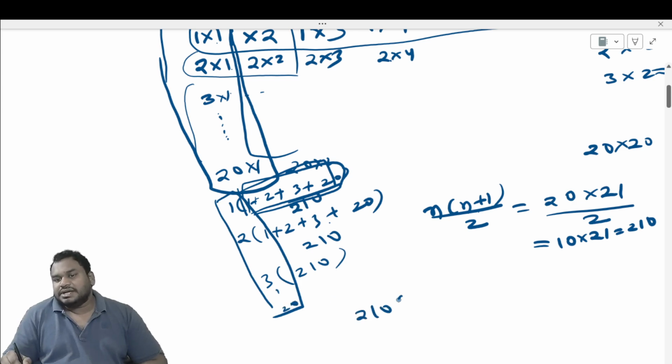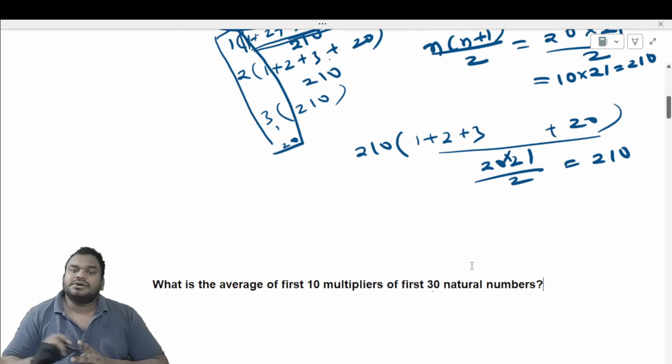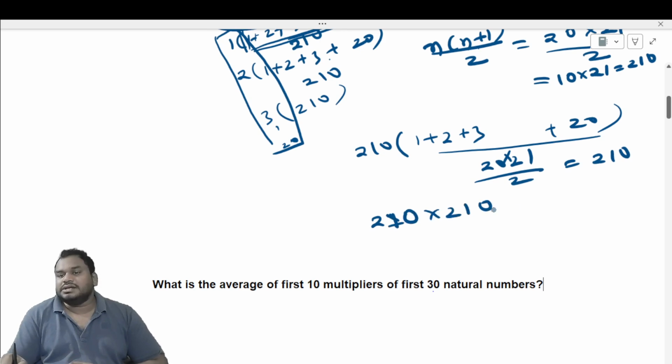So 210 I have taken common, then again 1 plus 2 plus 3 till 20. For this also the same formula, 20 into 21 by 2. So again it will be 210. So it is nothing but the product of 210 into 210 is the answer. Okay, 210 into 210 is the answer.